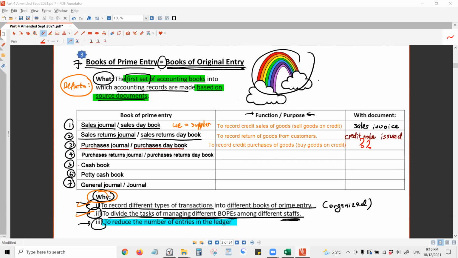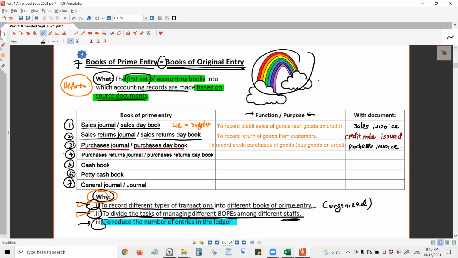Purchases invoice. I saw two answers. Is a purchases invoice the same piece of paper as a sales invoice? Yes. But when you are the customer, we call it purchases invoice. So write purchases invoice.